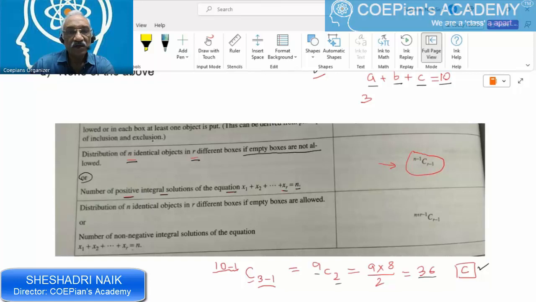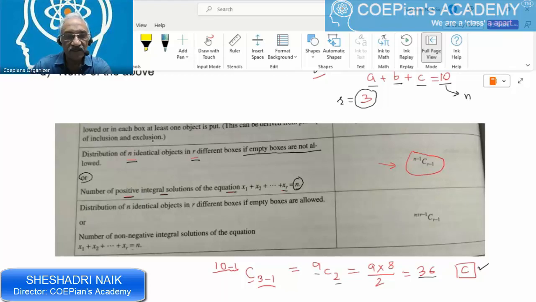So now since this particular formula has to be applied, we will see what is n. So n is equal to 10, because the right hand side is n. And now the number of variables is r. In our case, the number of variables is 3. So r equals to 3 and n is equal to 10.